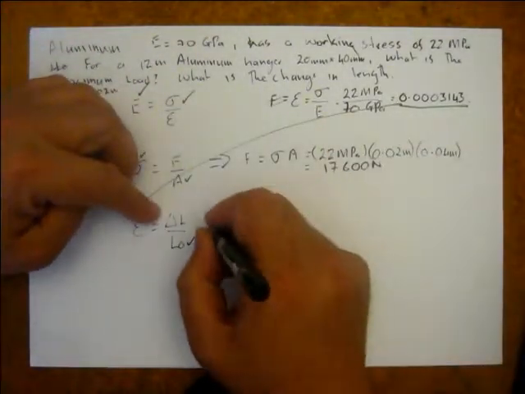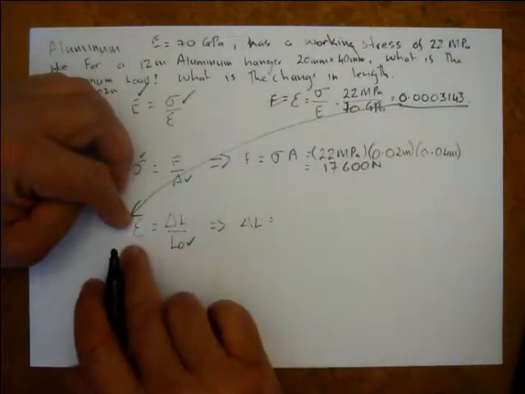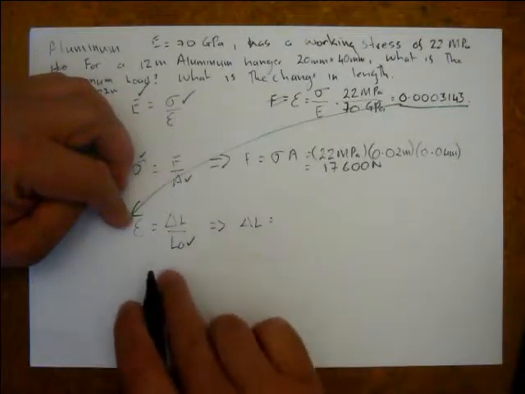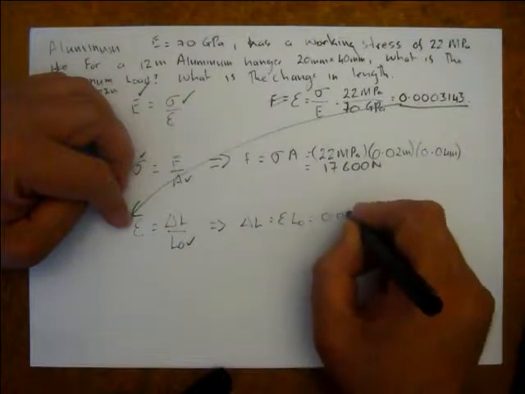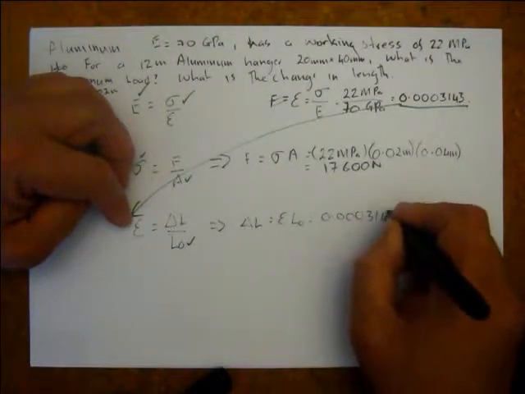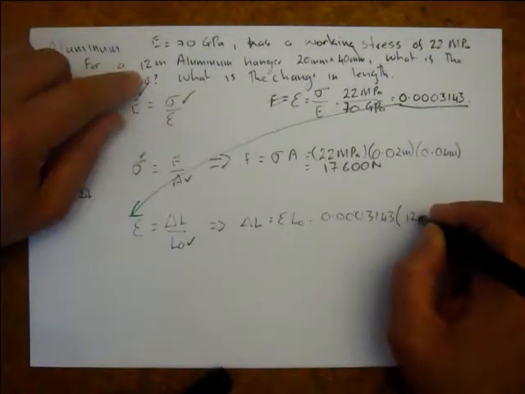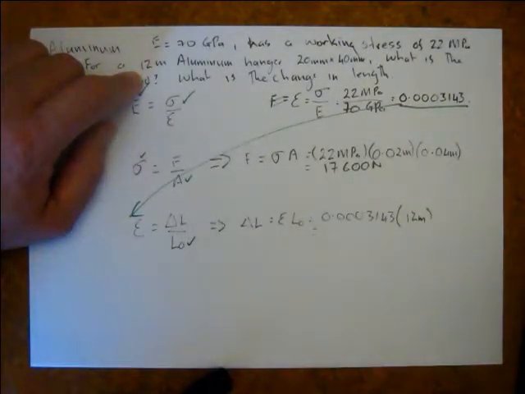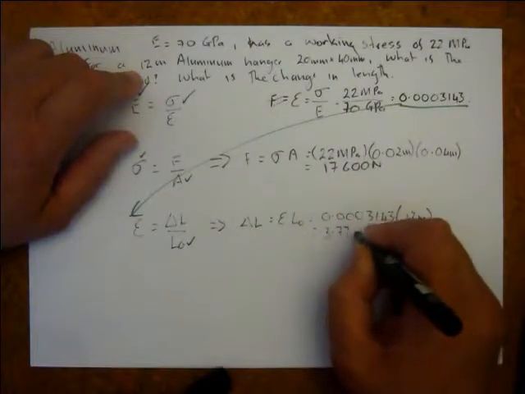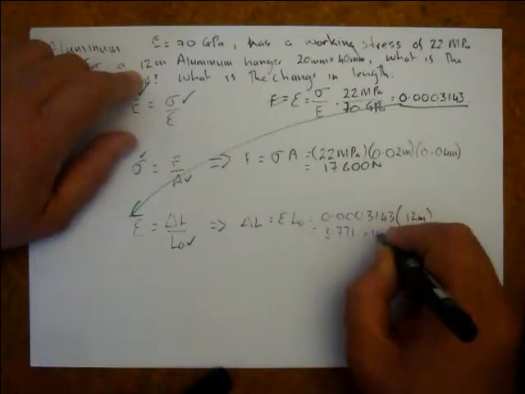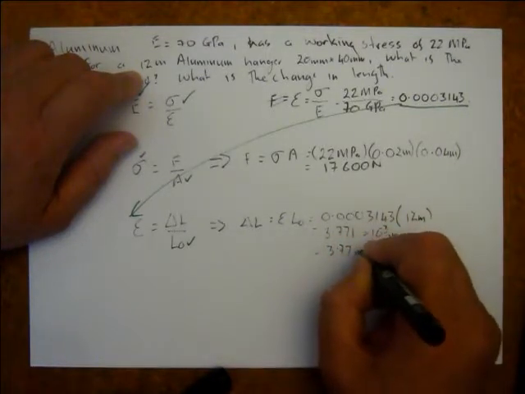So I can go rearranging this, change in length is going to equal the strain times the original length, which is equal to 0.0003143 times 12 meters equals 3.771 times 10 to the negative 3 meters, which is equal to 3.77 millimeters.